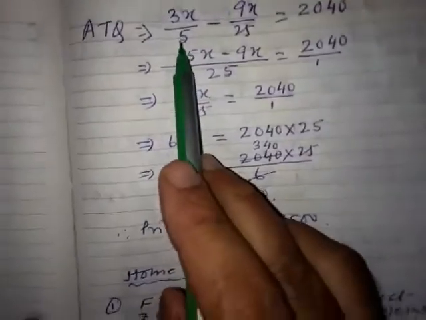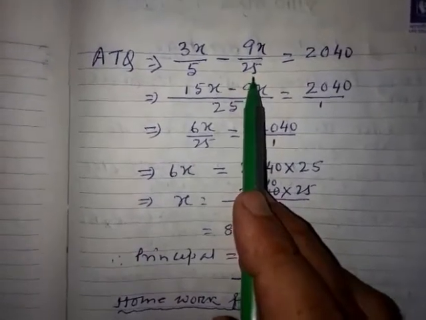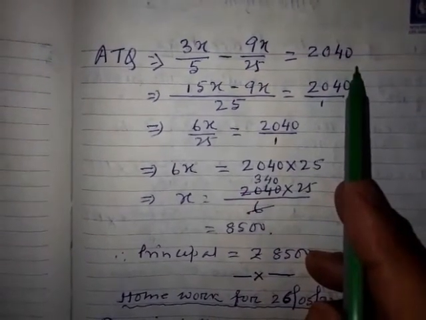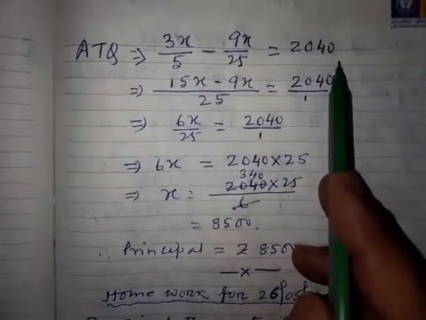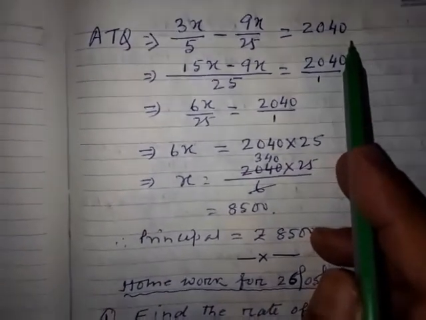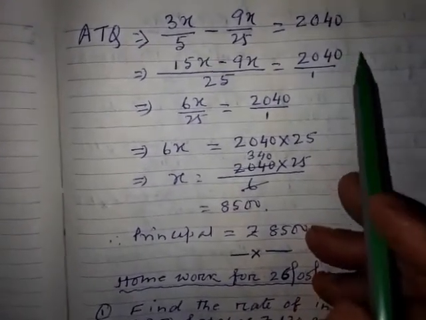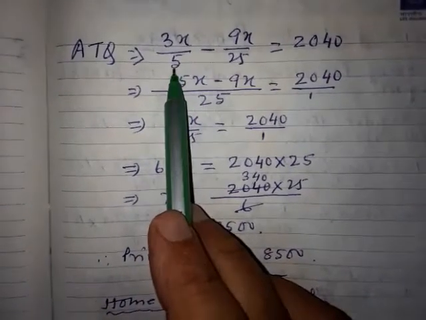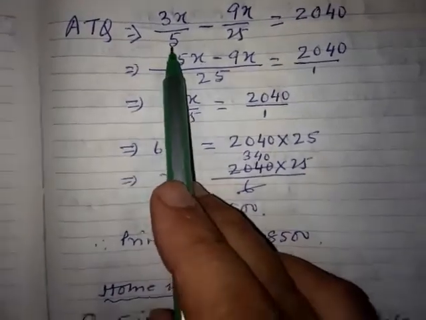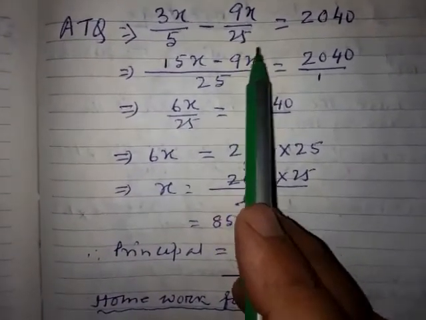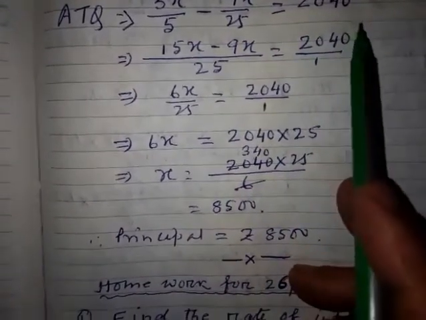Interest for 5 years minus the interest for 3 years equal to 2040, because they said in the second case you have earned 2040 rupees more, in the form of interest. So the difference between the interest of the second case in 5 years and the interest in 3 years becomes 2040.